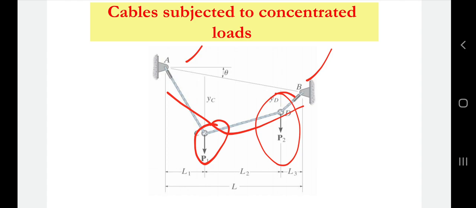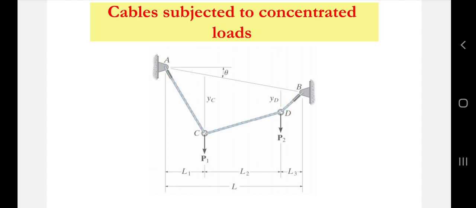In order to look for the terms that you can be using, L1, L2, L3 are the horizontal lengths, YC and YD are the vertical lengths, and then you have theta. Theta can be any angle.